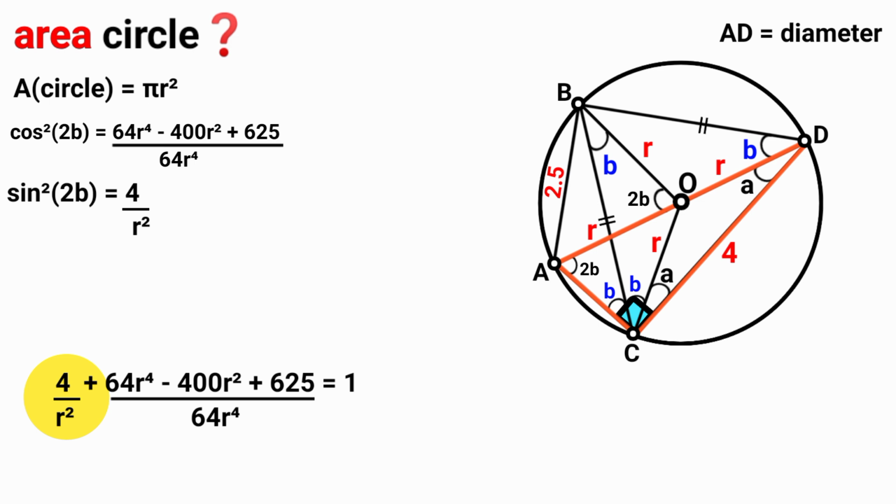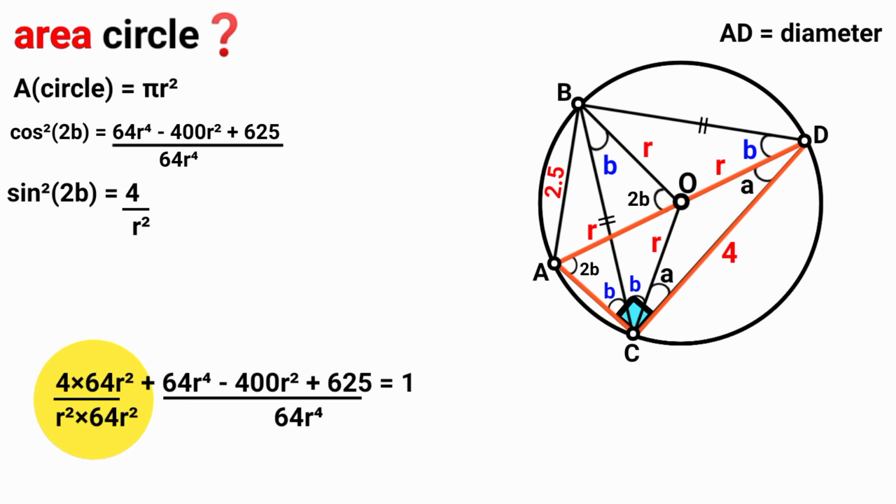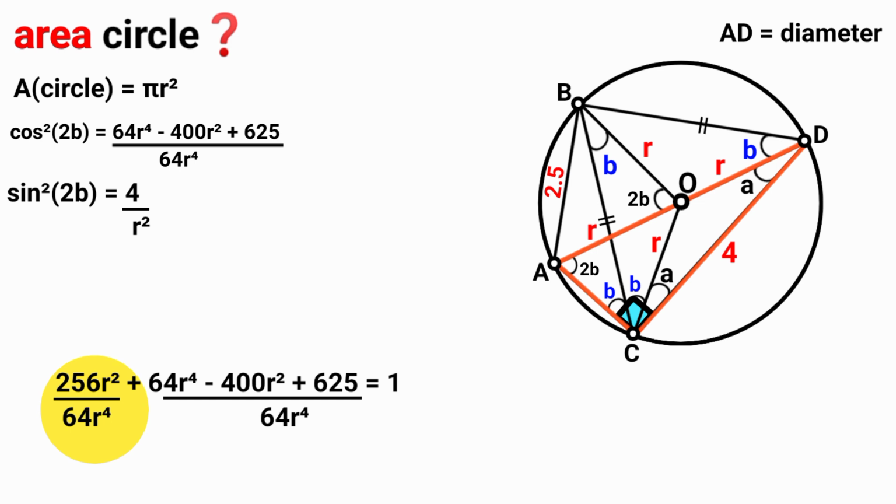Here 4 over r squared, we multiply it by 64 r squared over 64 r squared, which is 1. 4 times 64 r squared is 256 r squared, and r squared times 64 r squared is 64 r raised to the power 4. 256 r squared all over 64 r raised to the power 4 plus 64r raised to the power 4 minus 400r squared plus 625 all over 64r raised to the power 4 is 256r squared plus 64r raised to the power 4 minus 400r squared plus 625 all over 64r raised to the power 4.